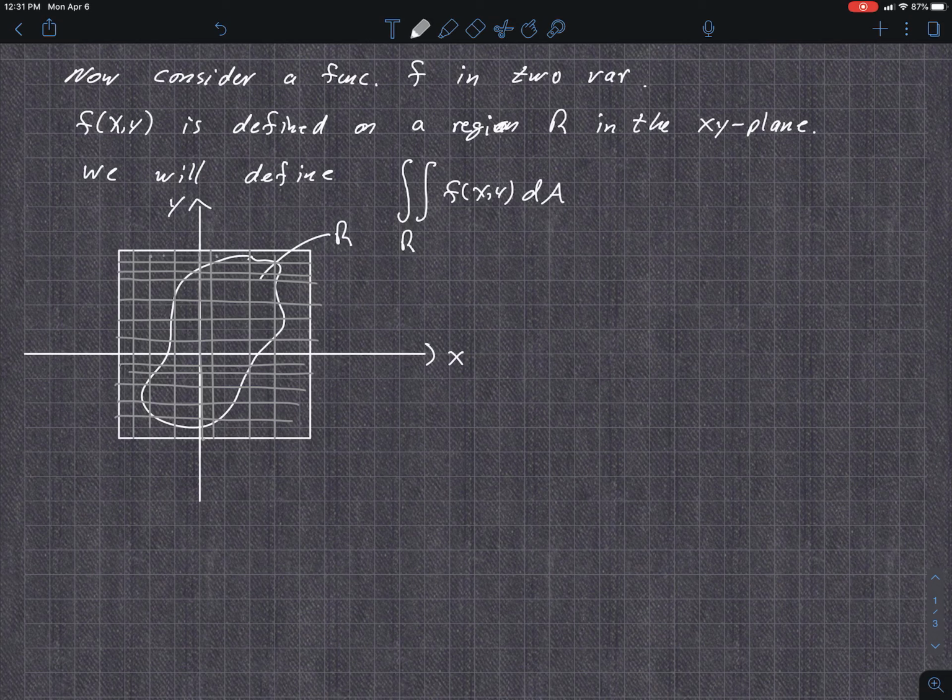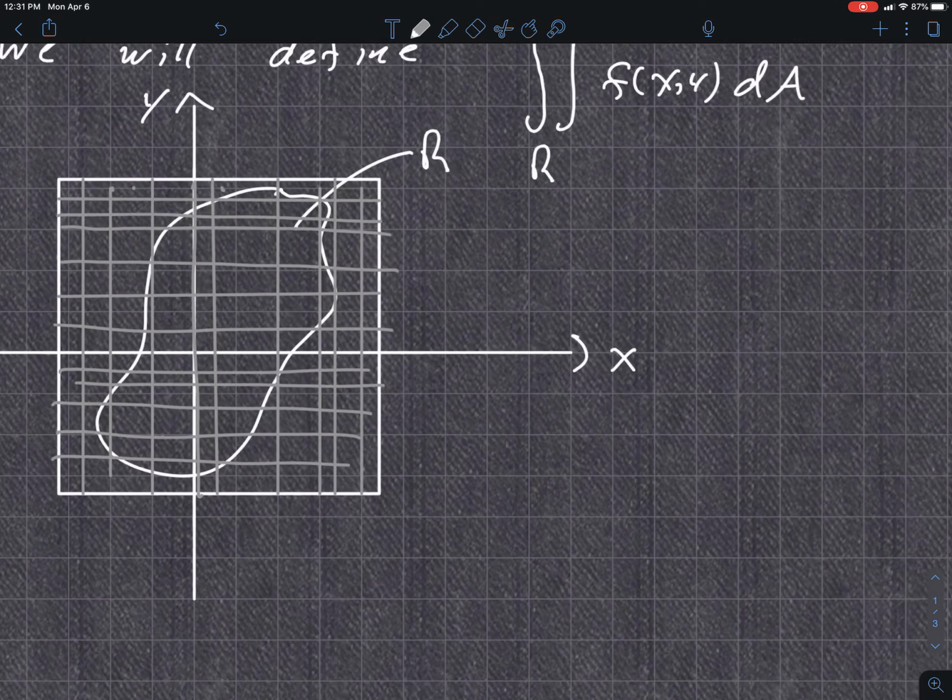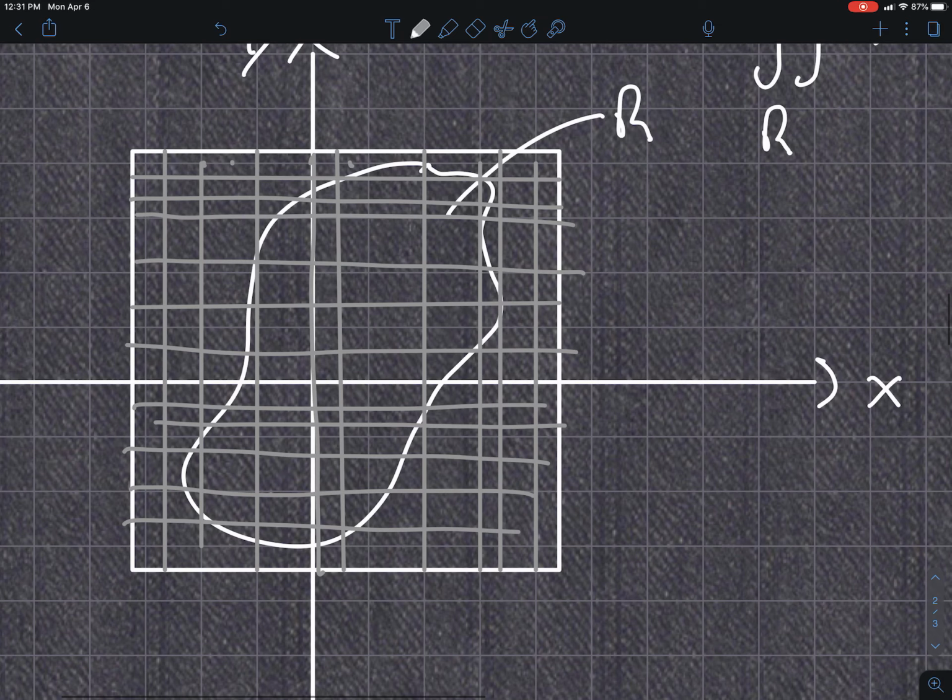I'll exaggerate one right here. It was not an even partition, right? I'm doing a couple that are exaggerated. So when you take the norm, of course, the largest one shrinks to 0. Same sort of idea. Let me zoom in a little bit.